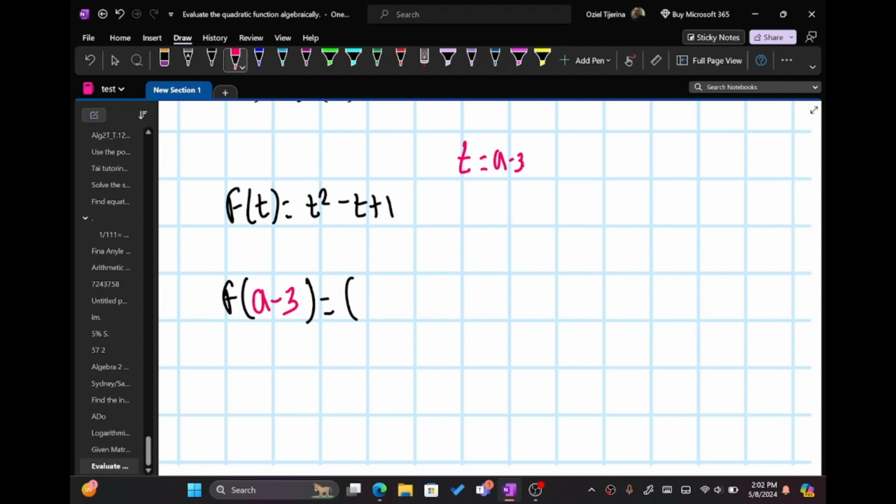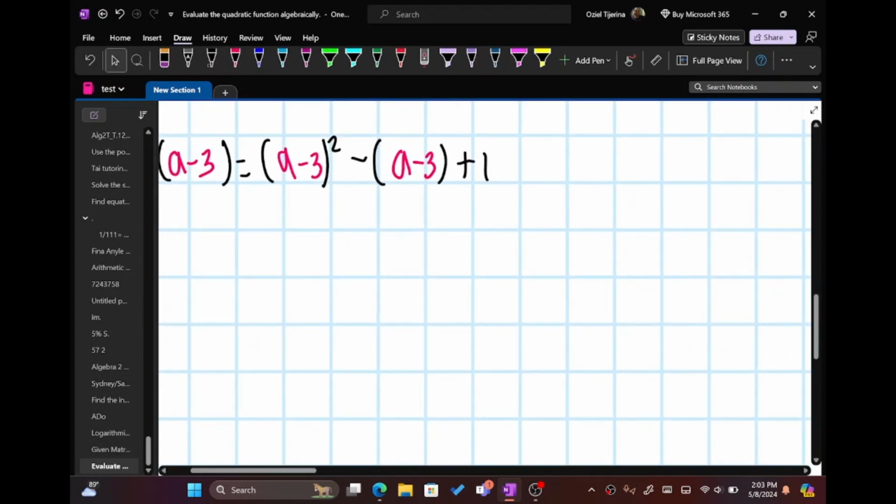So it's going to go a minus 3 quantity squared, minus the quantity a minus 3, and then plus 1.